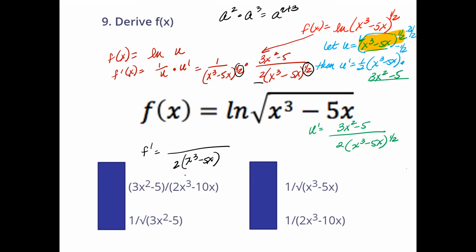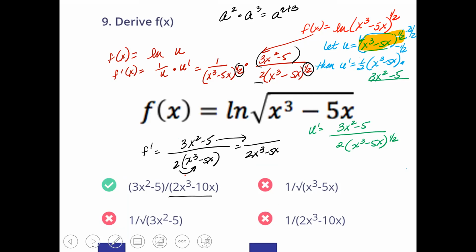Don't forget the 2 right there, so I'm going to put the 2 in the front. 1 times the numerator is going to give me 3x squared minus 5. And of course, you can distribute the 2. So you have a 2x cubed minus 5x, which looks like this one right here. And you just bring that 3x squared minus 5 over. And ta-da, there's your answer.